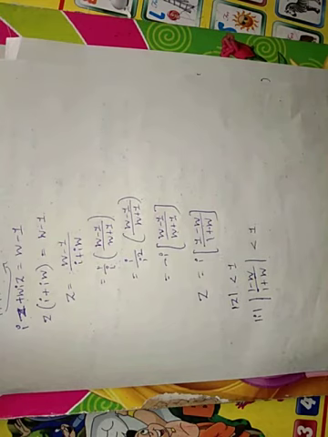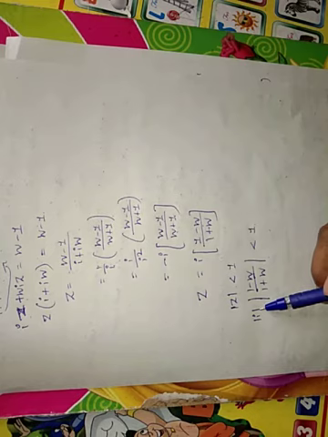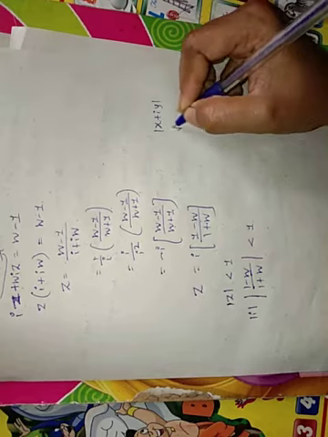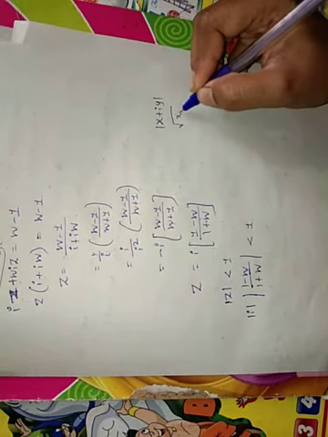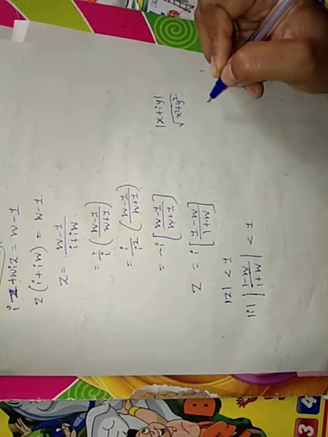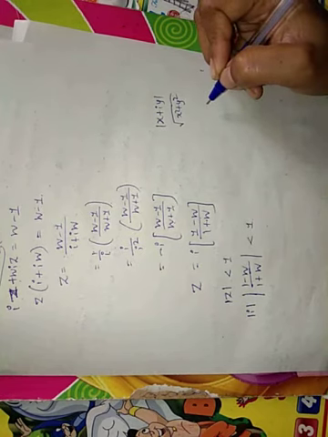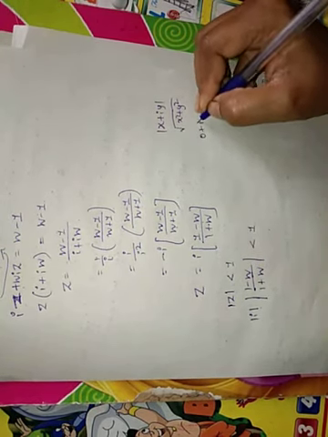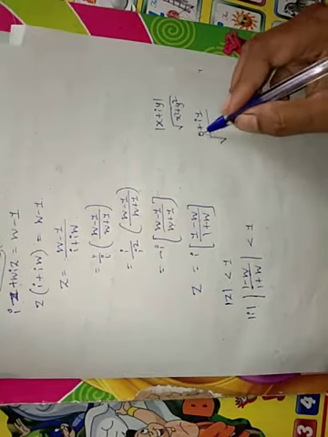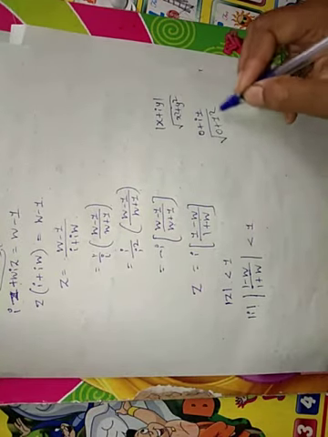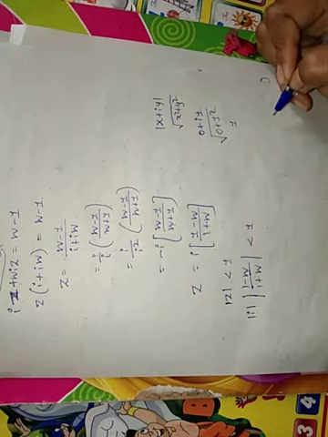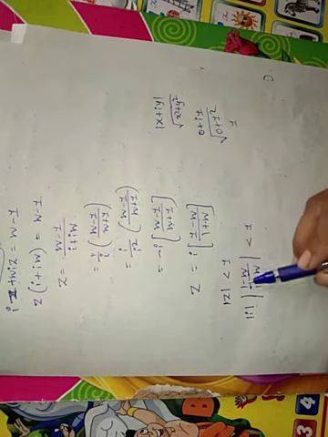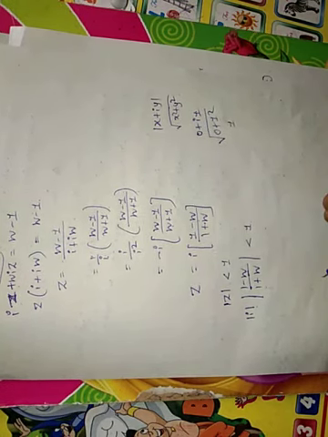We know that mod of x plus iy equals square root of x square plus y square. So, this becomes 0 plus I into 1, so square root of 0 square plus 1 square. Square root of 1 square is 1. So, this equation can also be written as mod of (1 minus W) divided by (1 plus W) less than 1.